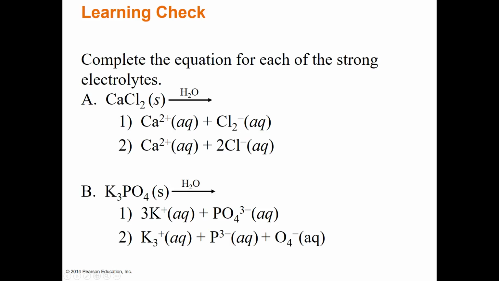We haven't done these yet, the ionic equations, but we're getting ready to get there in a minute. So remember, if you're showing dissociation, the subscript is going to go up in the front. Potassium phosphate is going to dissociate into 3 potassiums, because that's 3 right there, and 1 phosphate. What's phosphate again?